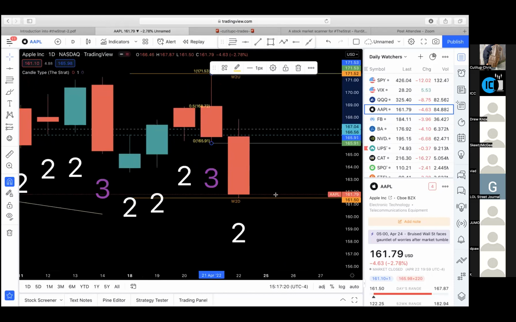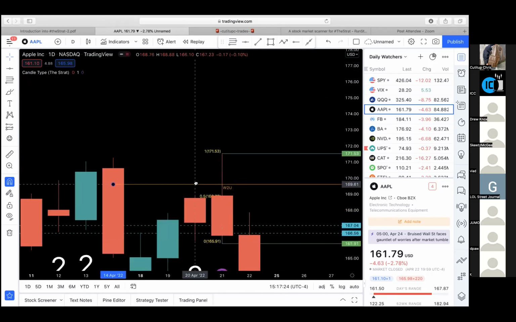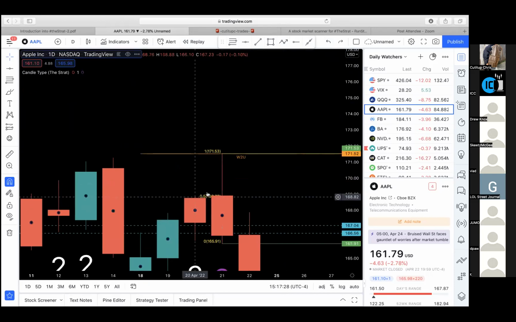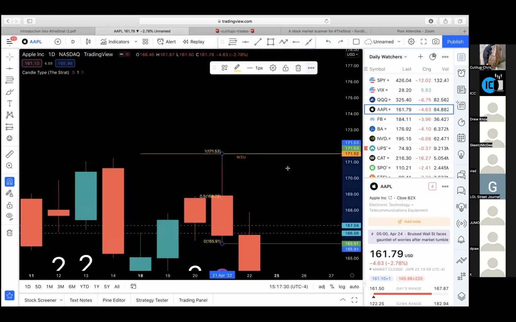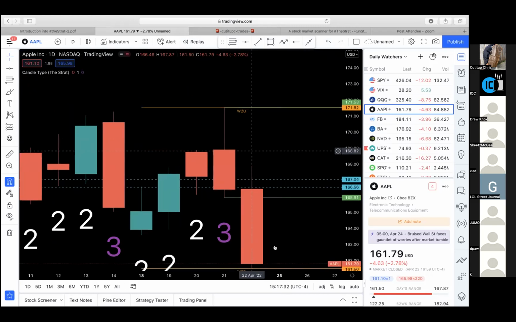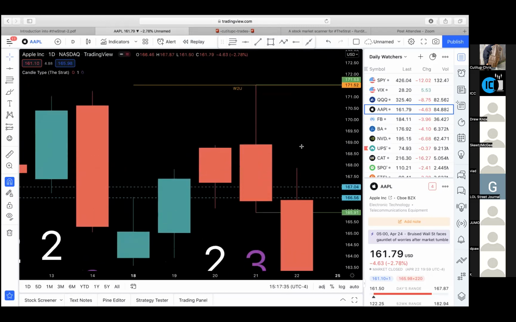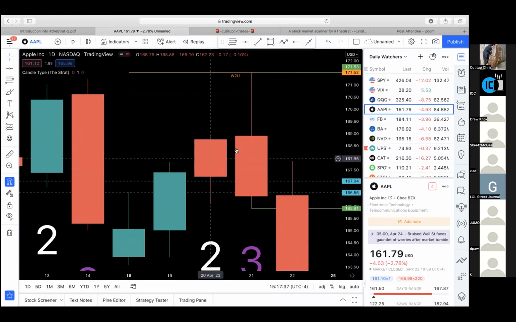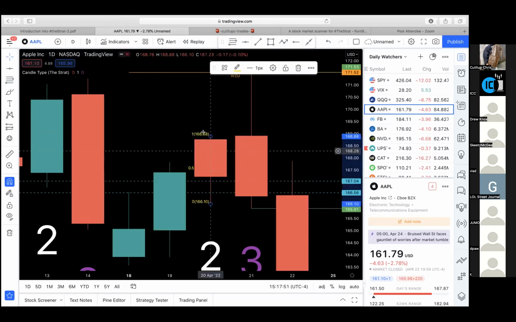All right, I'm going to delete this real quick. Let's ignore this one. Let's look at this 3 as an example right here. This 2, 3. So how do we know that this is going to turn into a 3? We look at the previous bar's range. That 50% rule brings us to 167.49.